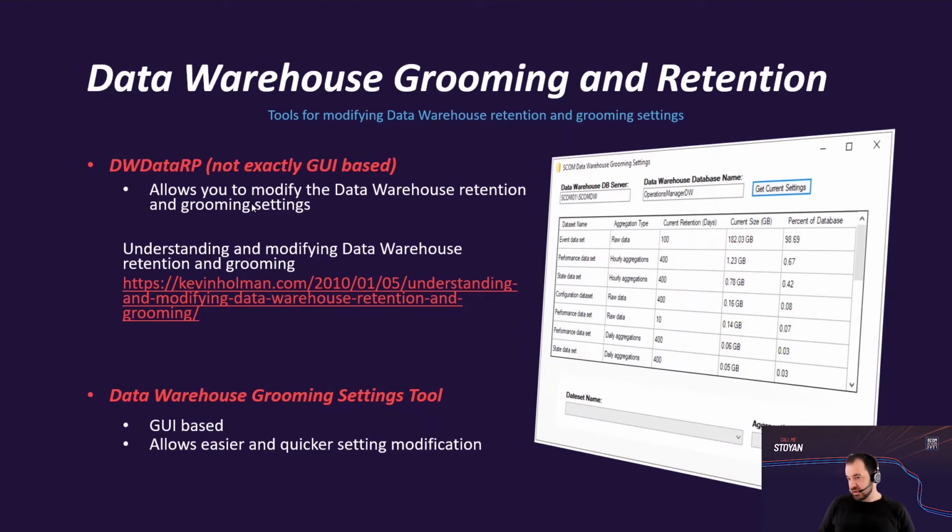The great thing is you only need to enter the details of your data warehouse. As you see, it detects your operations manager data warehouse database, and then after you have got the current settings, you can just modify them in a really easy and efficient way.